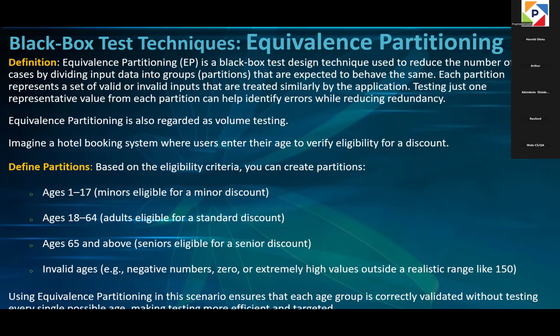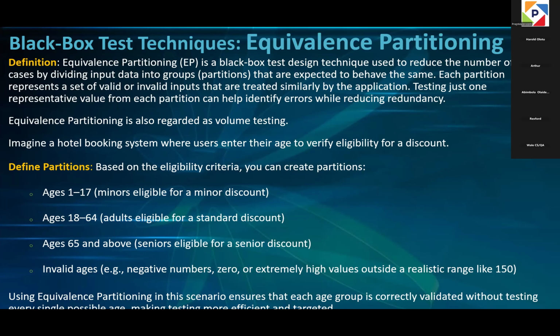Imagine, for example, a hotel booking system where users enter their age to verify eligibility for a discount. If you look at the way I define the partitions based on the eligibility criteria, you can easily create partitions between the ages that qualify within that bracket of eligibility for a discount, you see.